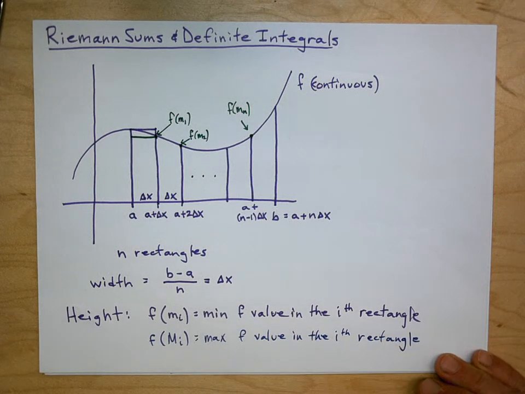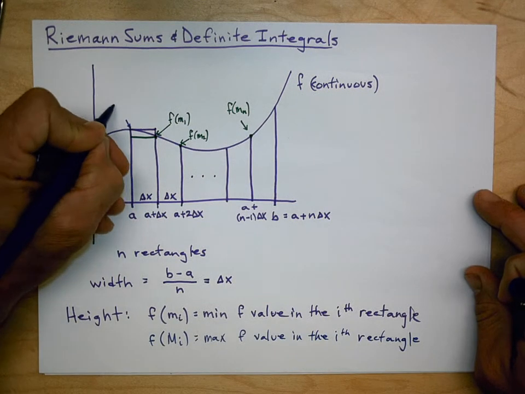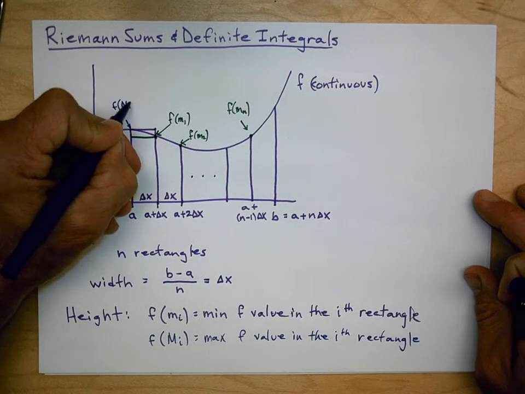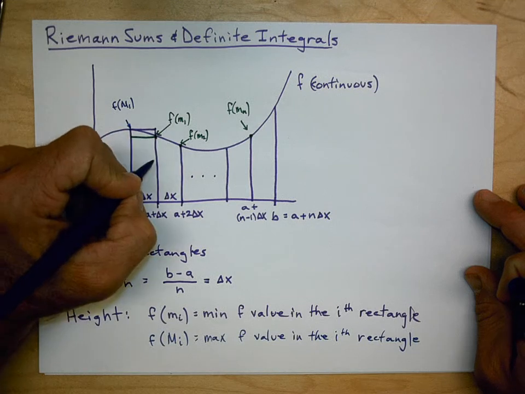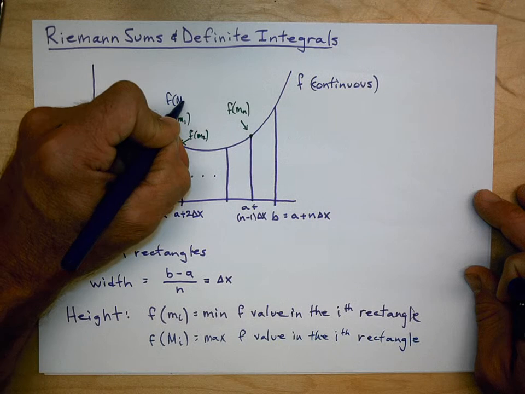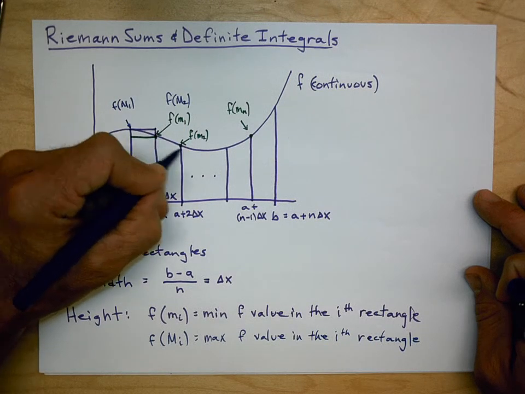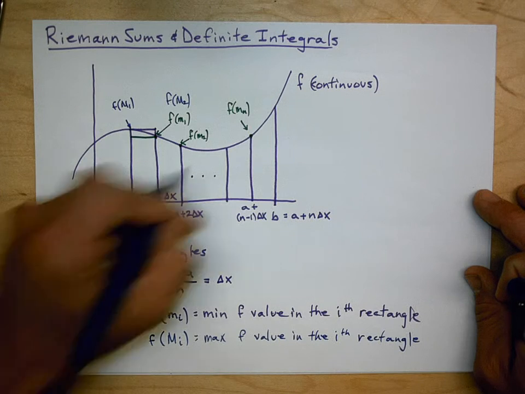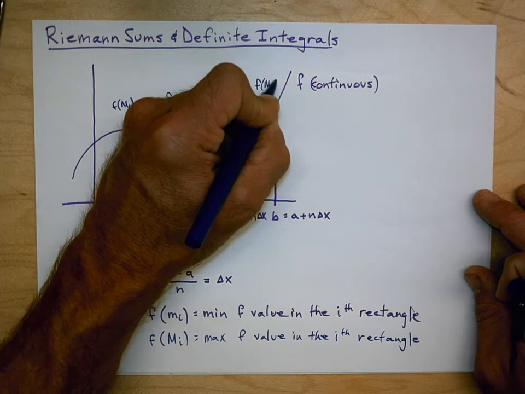So again, here this would be f of big M1. It turns out that this f of little m1 would also be f of big M2, because this is the largest function value in this second one. Over here, of course, we would have f of big Mn.